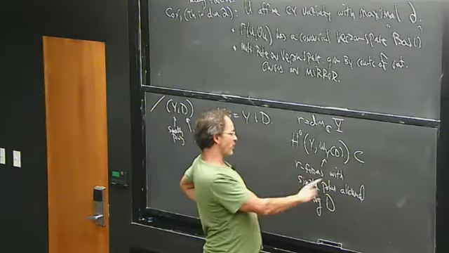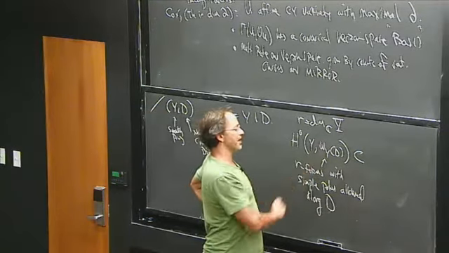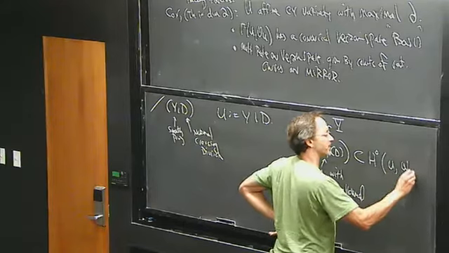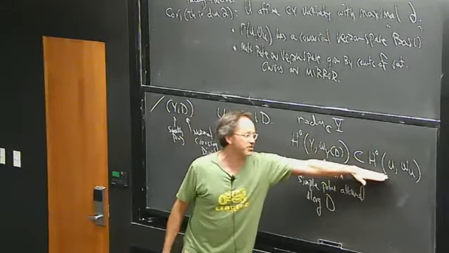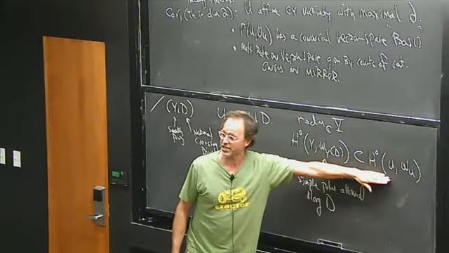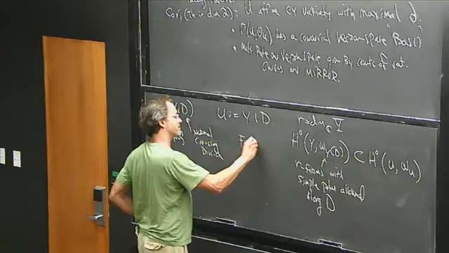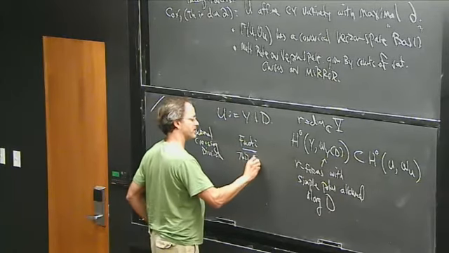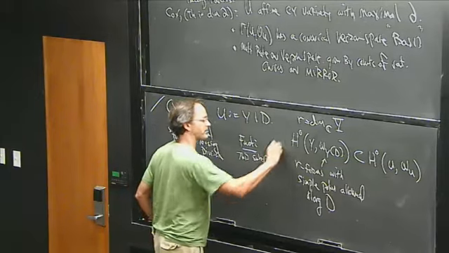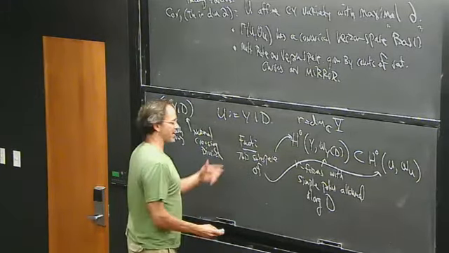So these are r-forms on Y where I allow poles along D. Of course, by restriction, those live inside of all the forms. If I restrict these to U, they're just a particular bunch of holomorphic forms on U. And the fact, which I think is due to Iitaka, is that this vector subspace is actually canonical.